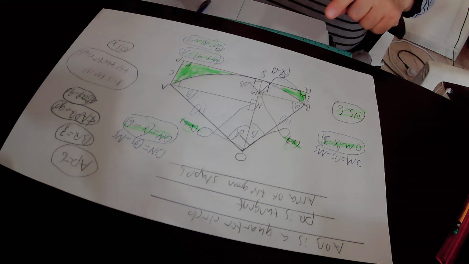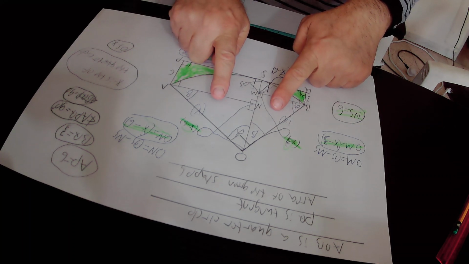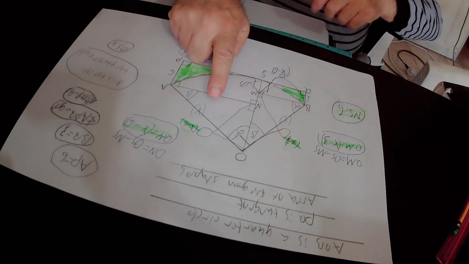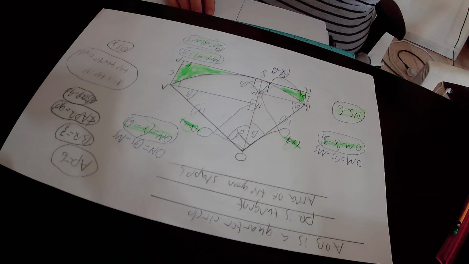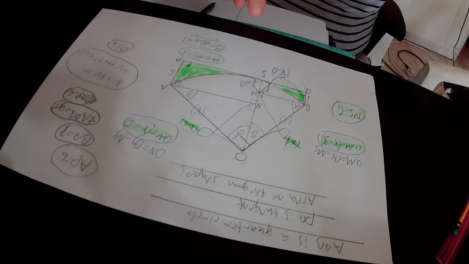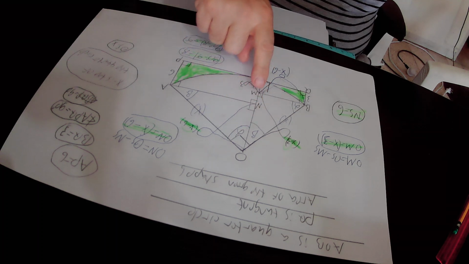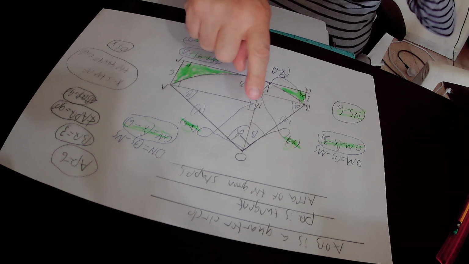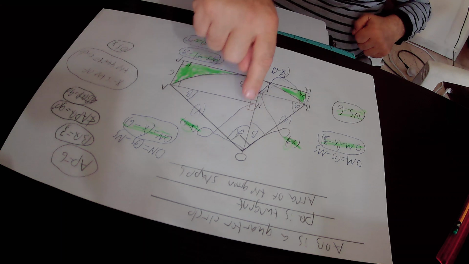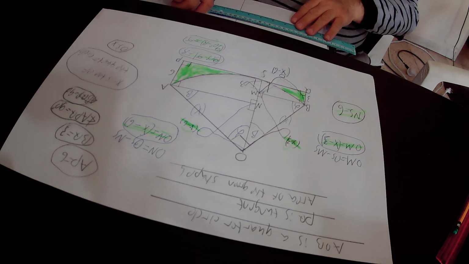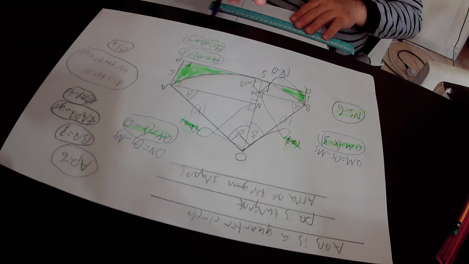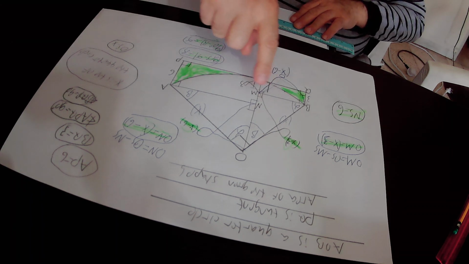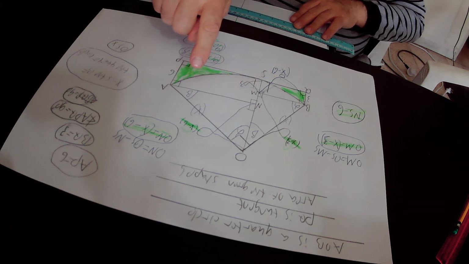Likewise, because of the fact that those two right triangles are congruent, we will conclude that side OM in the right triangle OBM is equal to side NA in the right triangle ONA.